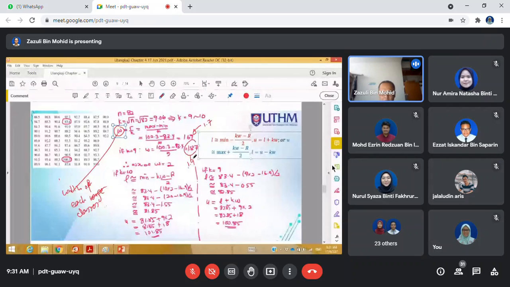But in this example here, the lowest and the minimum is kW minus R. R is the range between the maximum and the minimum, and k is 10 divided by 2, and we have the minimum as 83.4, and then we have the maximum, the upper and the lower.